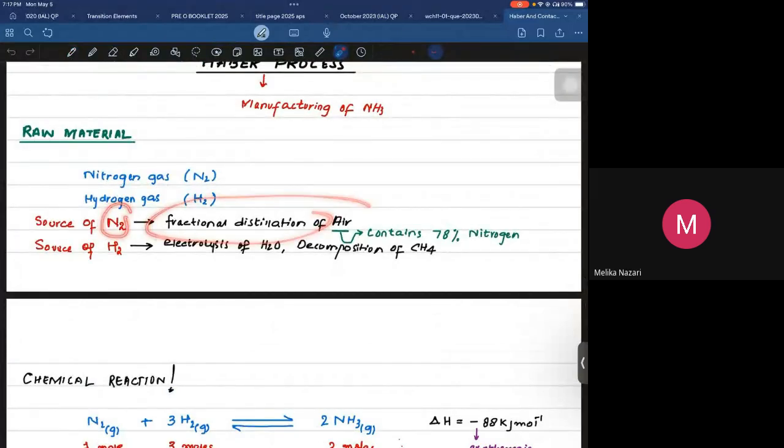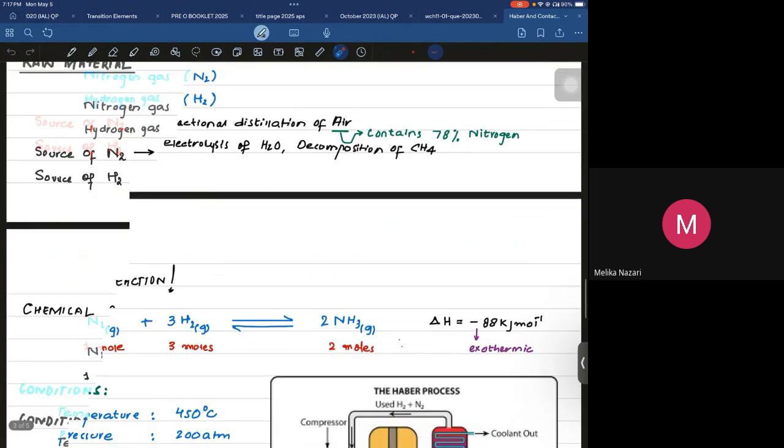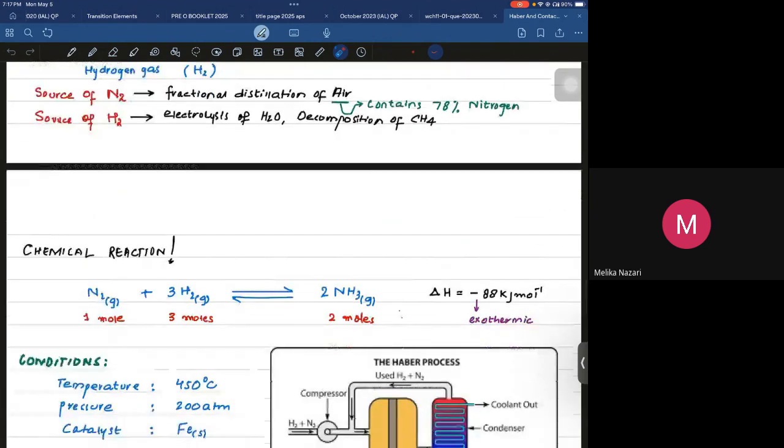Fractional distillation of air, as air contains 78% nitrogen. The source of hydrogen is electrolysis of water and decomposition of methane. After getting hydrogen and nitrogen, we can react them, and they form ammonia. This is the equation in which we can see how ammonia is going to form.